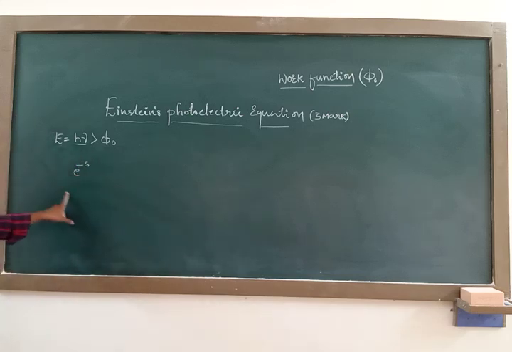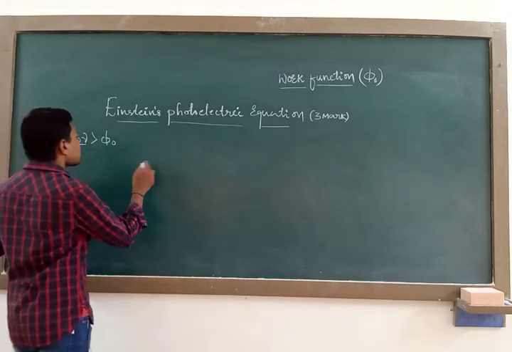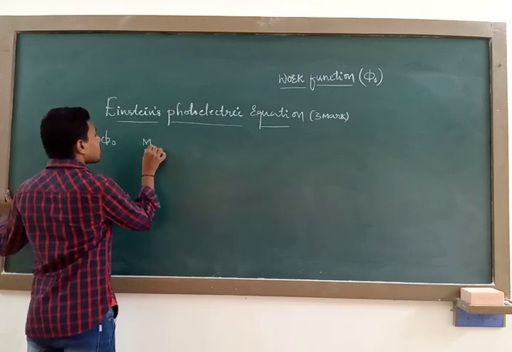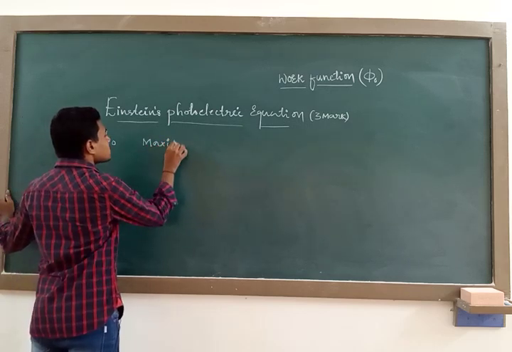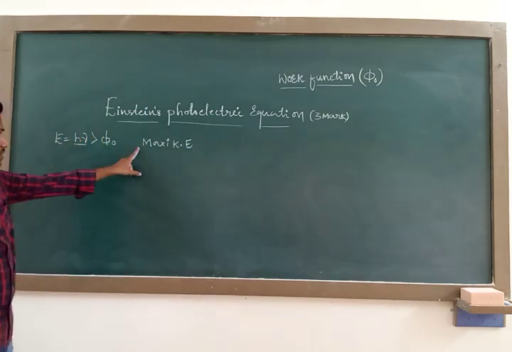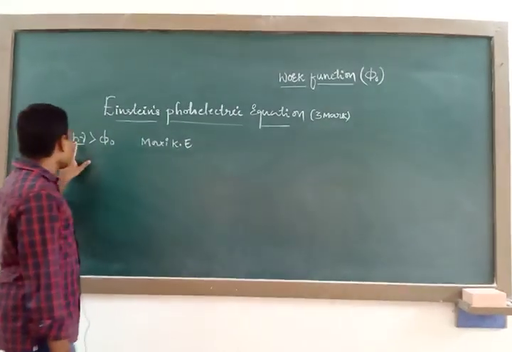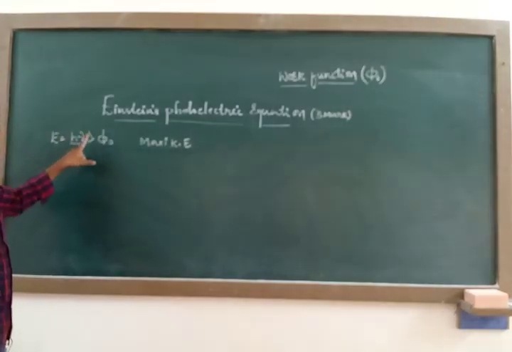And remember, what will be the kinetic energy of these electrons? They are not simply ejected, they are ejected with the maximum kinetic energy. This is very important. Kinetic energy is maximum when the incident radiation energy is greater than the work function.